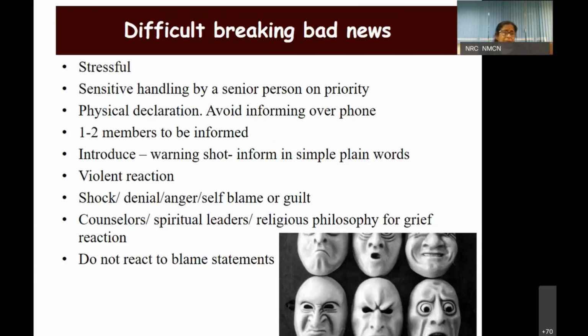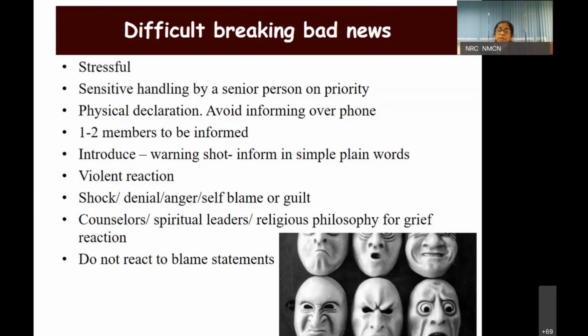You can very well expect people going into shock, collapsing, clutching onto the chair next to them, developing cold feet or clammy skin, going into denial, anger, self-blame, guilt.